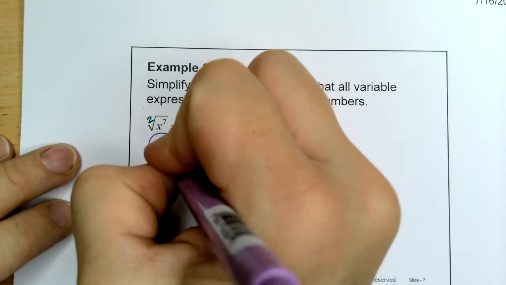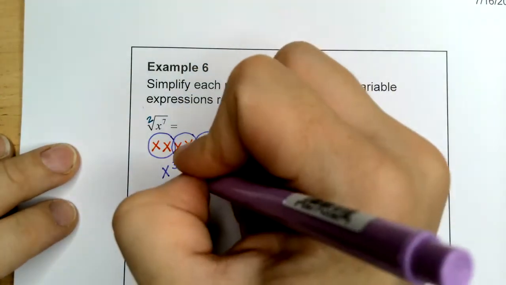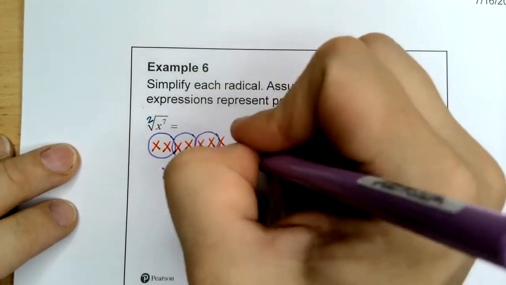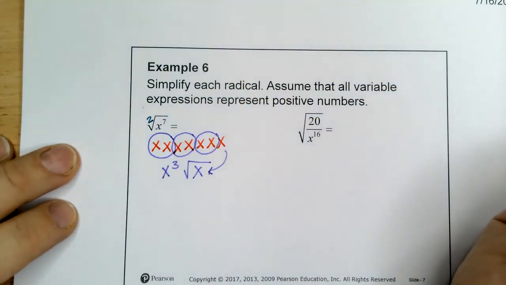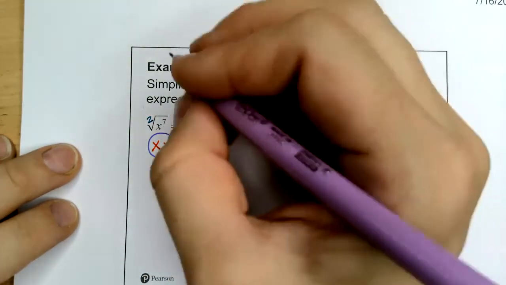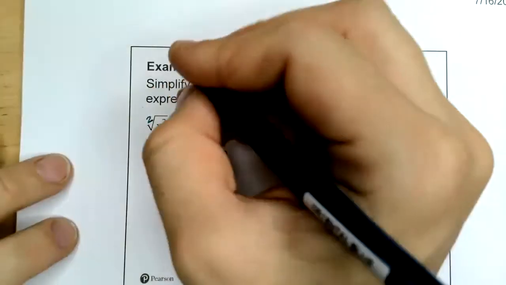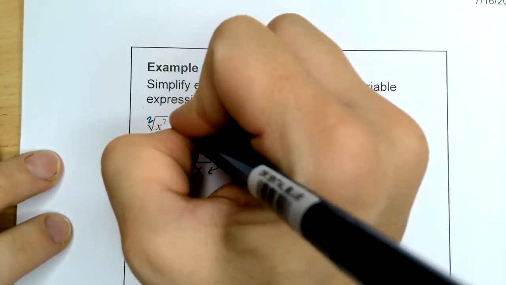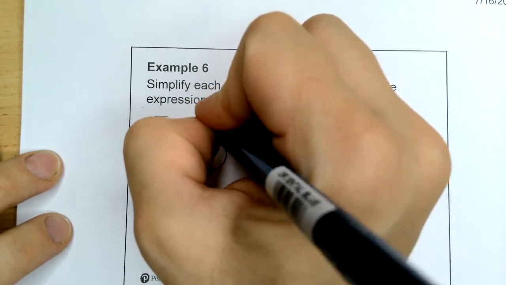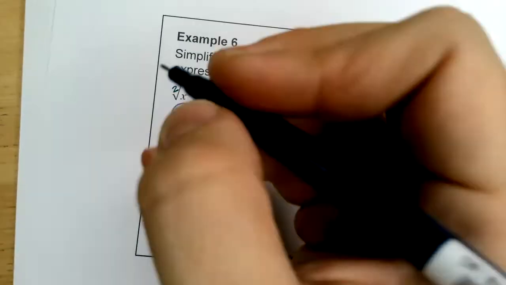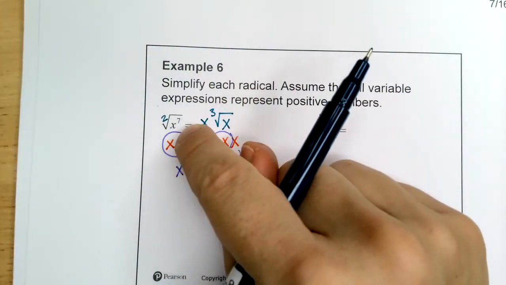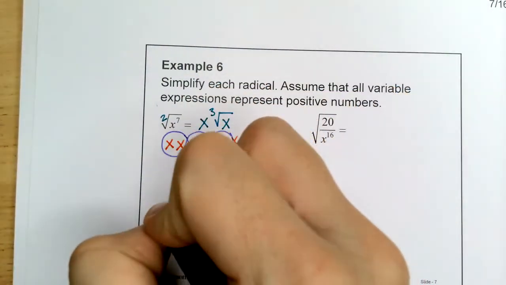So I have 3 x's that can come out, and I leave that one underneath. So the square root of x to the 7th is the same as x to the 3rd times the square root of x.